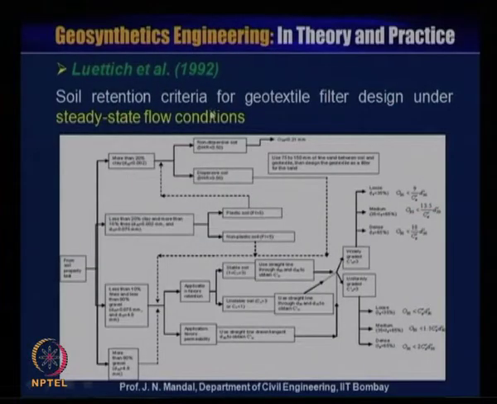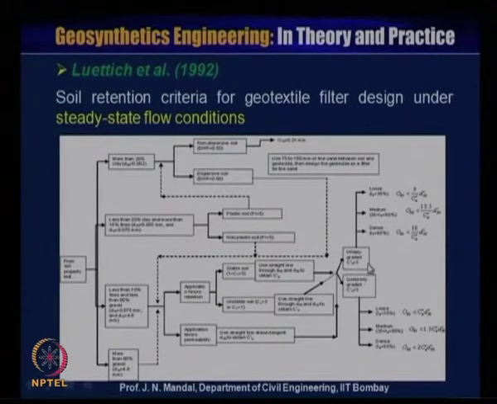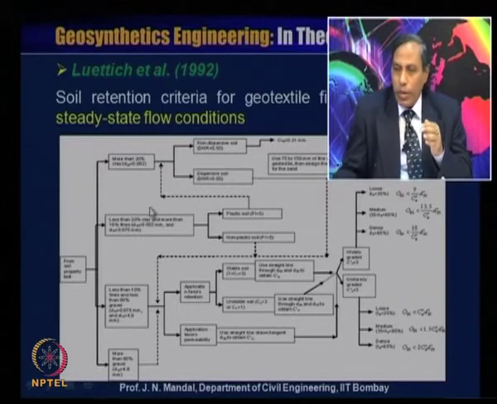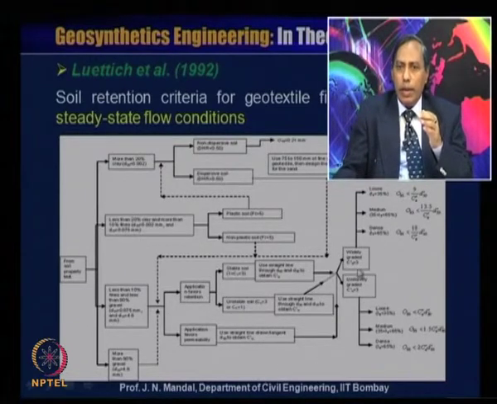So, this is the Giroud 1992 soil retention criteria for geotextile filter design under steady state flow condition. I am just explaining this part. It depends upon the value of Cu, whether it is well graded or less well graded, so you can see this value of Cu.